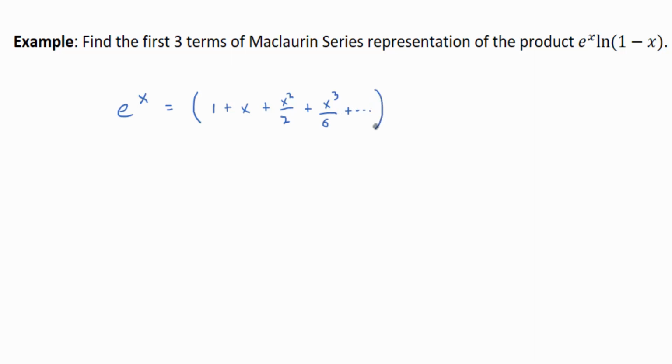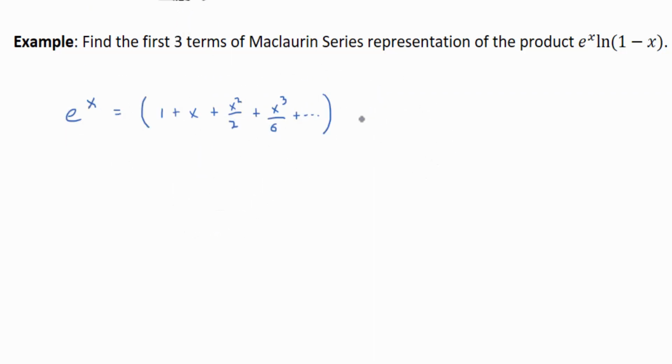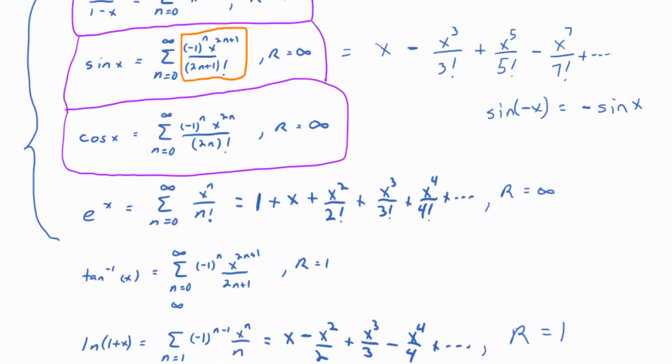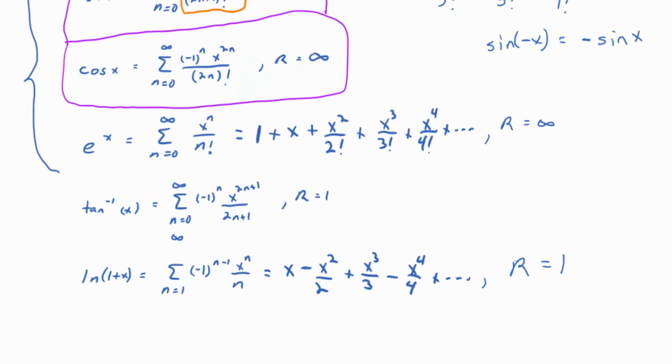And then, natural log of 1 minus x, that's not one I expect you to have memorized. But it is part of our list. It's part of our Hall of Fame. Well, it is almost anyway. We actually have natural log of 1 plus x, but we can adjust it to make it work.